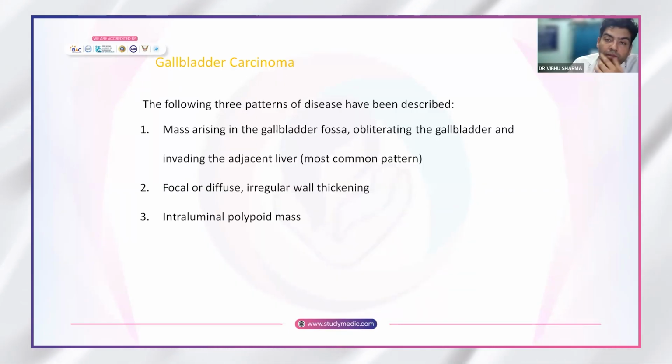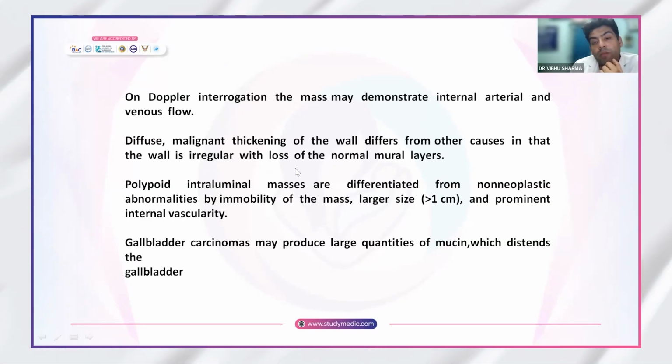Patients can have a mass arising from the GB fossa, which can obliterate the gallbladder and invade the liver. There can be focal or diffuse irregular wall thickening in the GB and an intraluminal thick polypoidal mass. Then you think about GB carcinoma. So you should go for Doppler. You should see how vascular the lesion is, and if there is malignant thickening of the walls, is the wall irregular, or is there loss of normal mural layers.